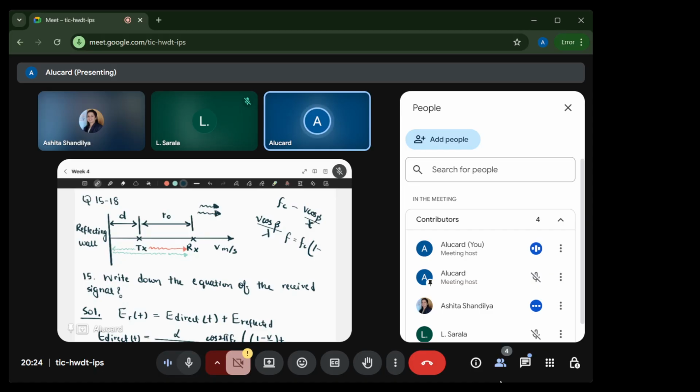Lambda can be written as c over fc. So it's fc into 1 minus v cos beta over c. Cos beta is 1, so it's 1 minus v over c. So that's the effect of the Doppler.